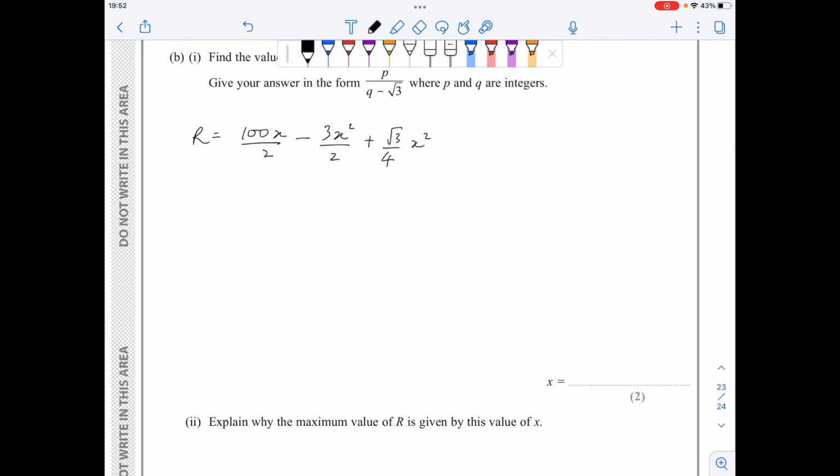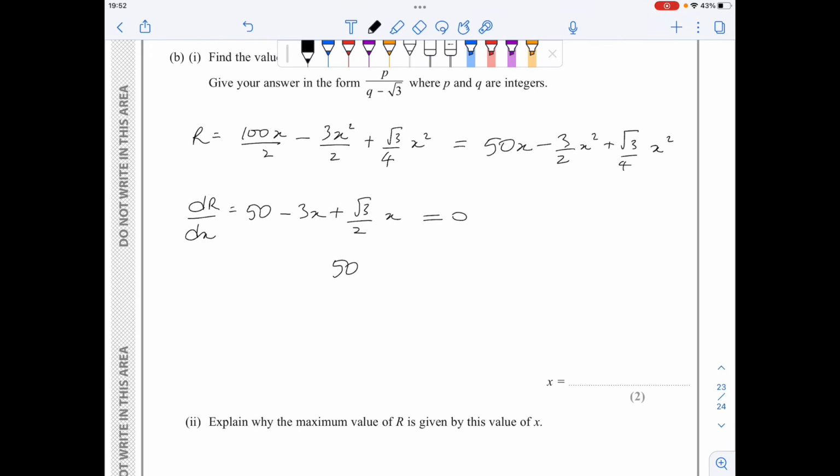This simplifies to 50x minus 3 over 2 x squared plus square root of 3 over 4 x squared. So dr/dx gives me 50 minus 3x plus square root of 3 over 2 x. And now I'm going to set this equal to 0.